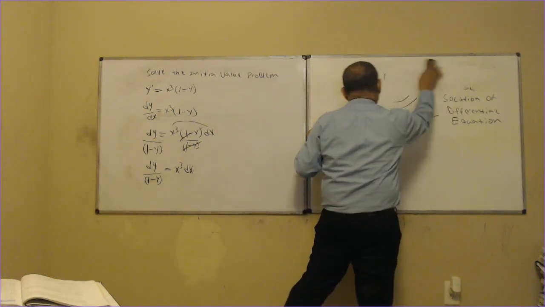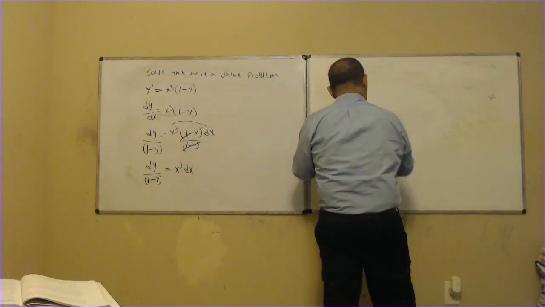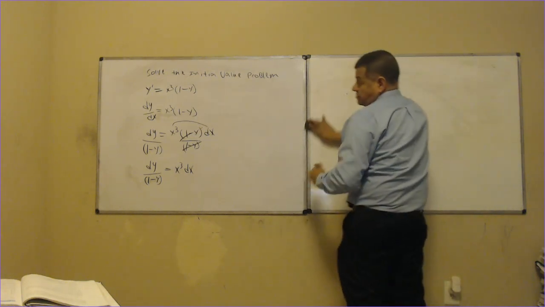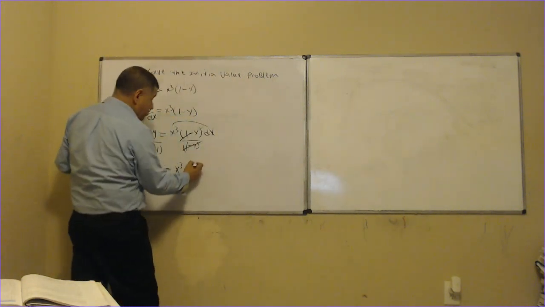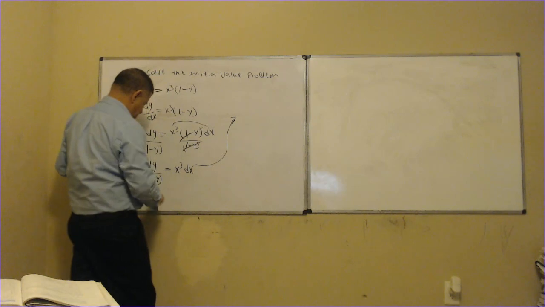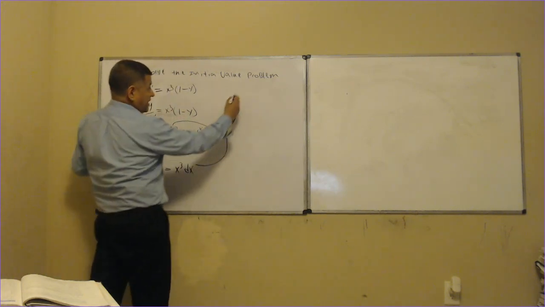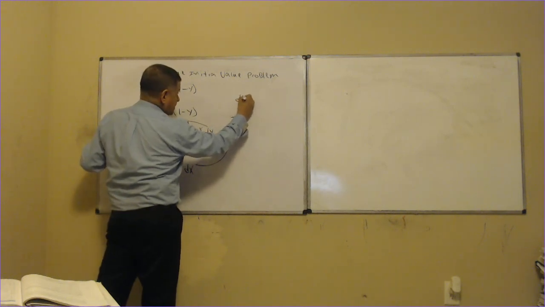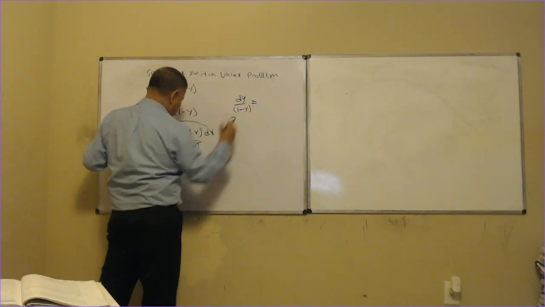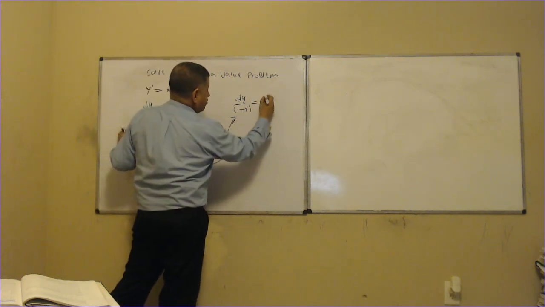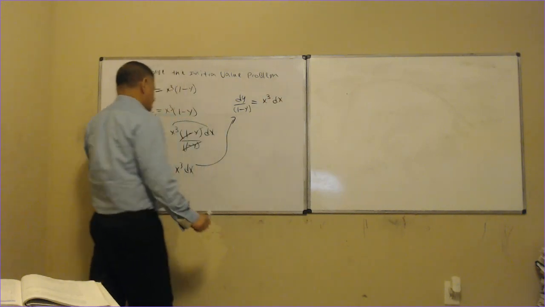So now I will bring this here, and we say that dy over 1 minus y equals x cubed dx.